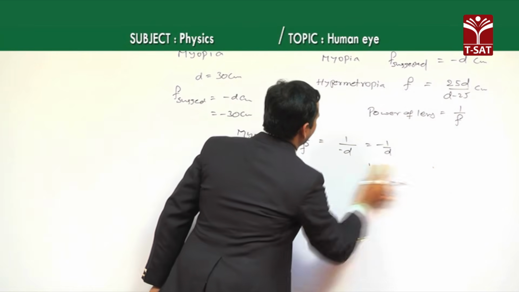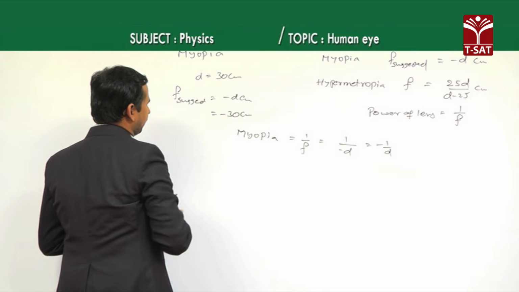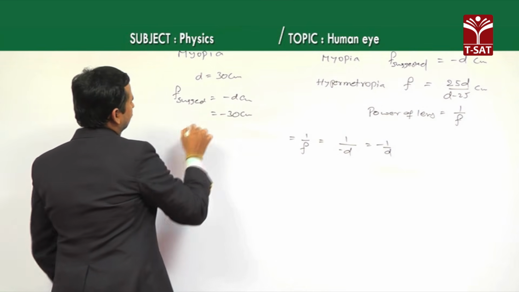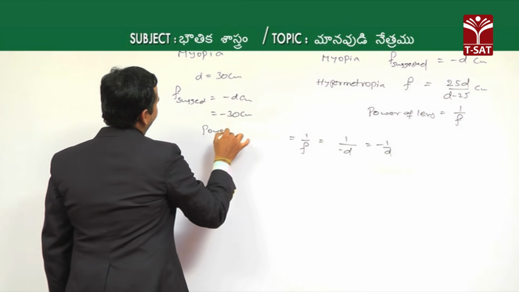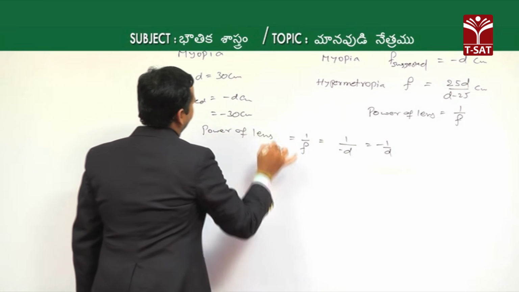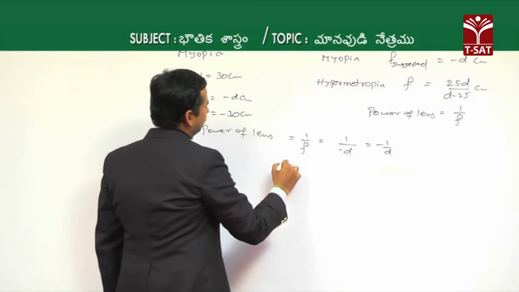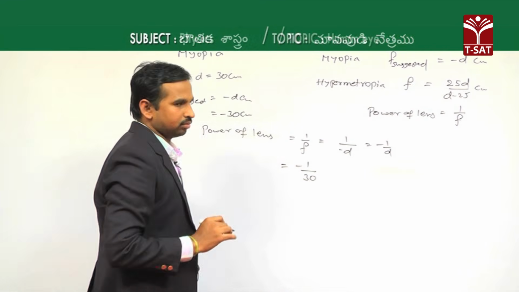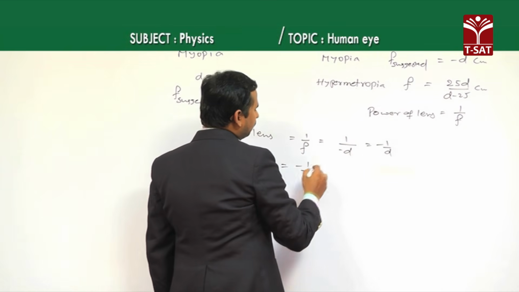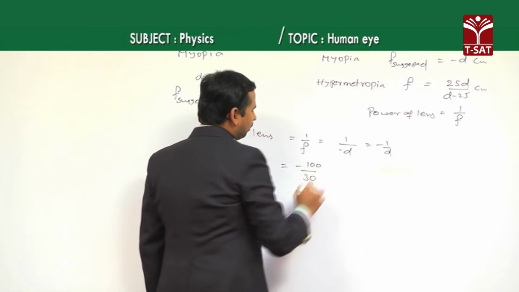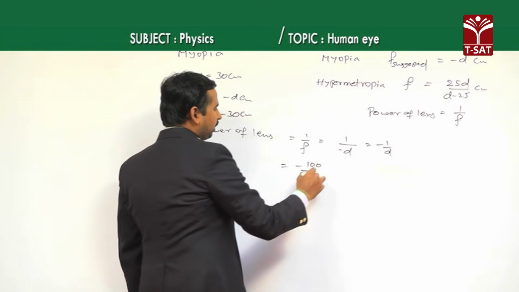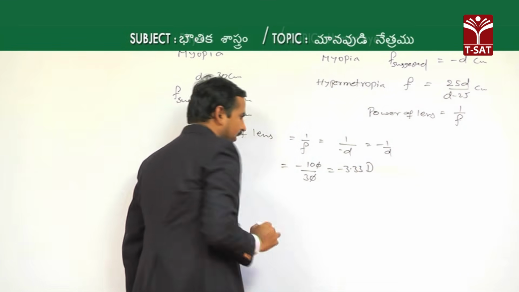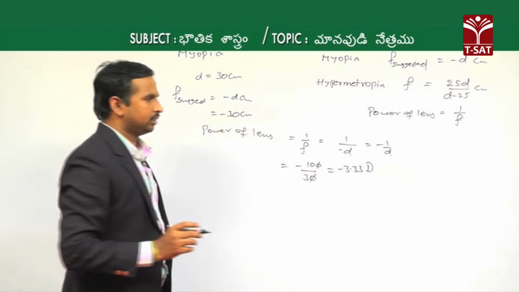As it is about myopia, the power of the lens is equal to 1 by f, that is minus 1 by 30, but this is in centimeters. Okay. So, we have to convert that into meters, which means we take 100. Then the 3 gets cancelled, and we get minus 3.33 D, where D means diopter. Okay.